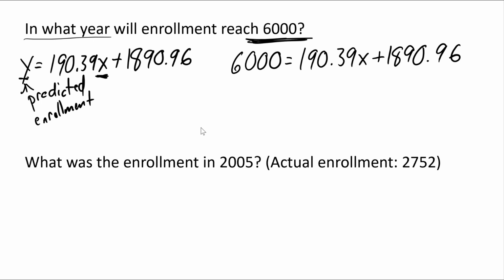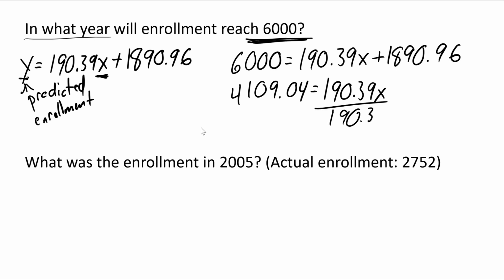So we will start off by subtracting 1,890.96 from both sides. That's going to give us 4,109.04 equals 190.39x. And then we'll divide both sides by 190.39.